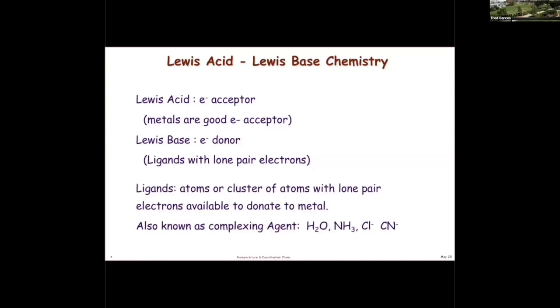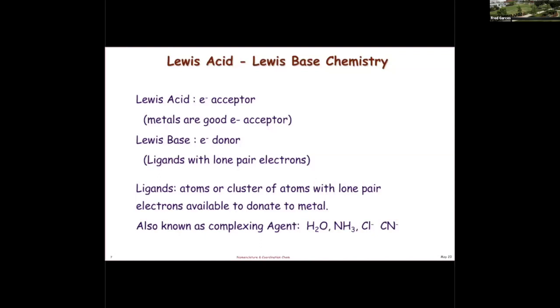Once they form a bond with the metal, then we have something called a coordination. That's why it's called coordination chemistry, because the two electrons in the bond are not provided by both the metal and the ligand. They're coming directly from the ligand.